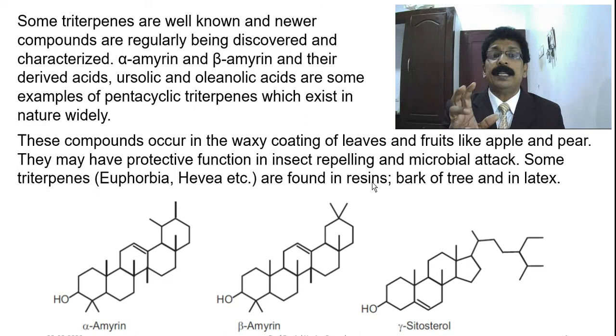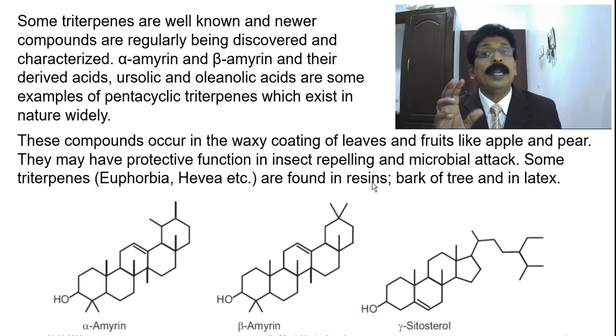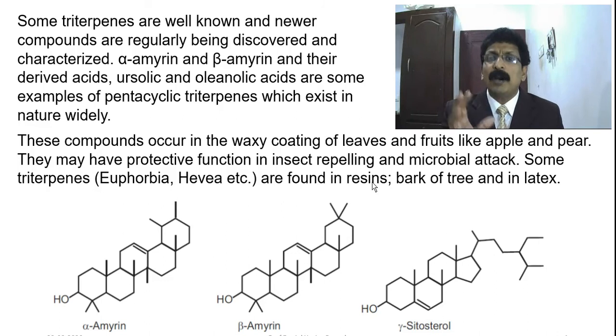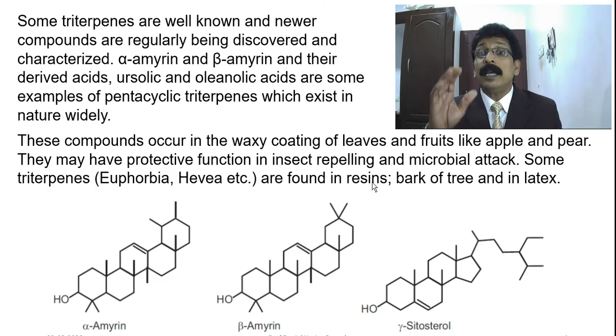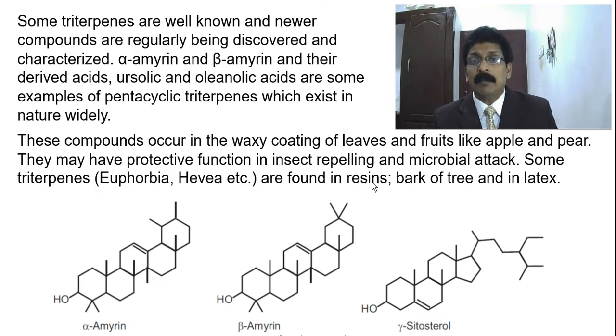Some triterpenes, euphorbia, etc. are found in resins, bark of trees and in latex also. These are secondary metabolites which the plant uses for protection, so that they can protect themselves from predators.